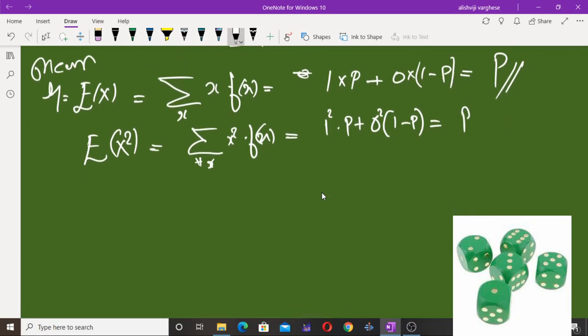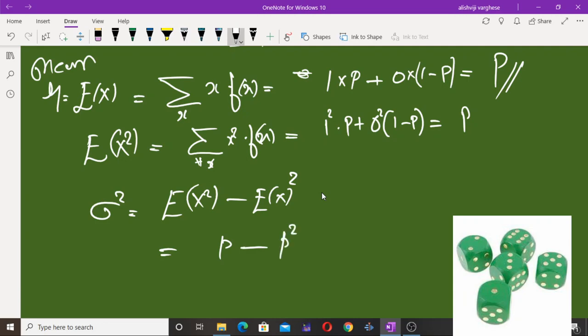Now this is the expectation of X square. Then the variance is given by the expectation of X square minus the expectation of X, the whole square, which is p minus p square, since the expectation of X is also p. If you take p outside, then it is p into 1 minus p. So that's the expression for the variance of a Bernoulli random variable.